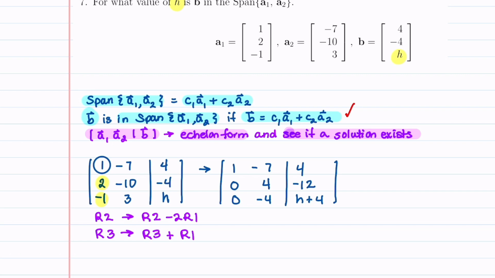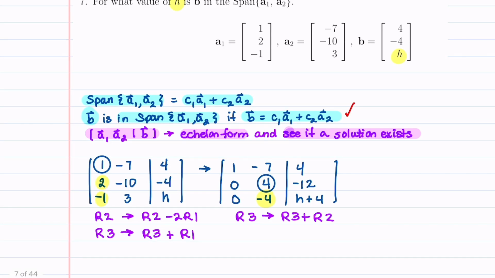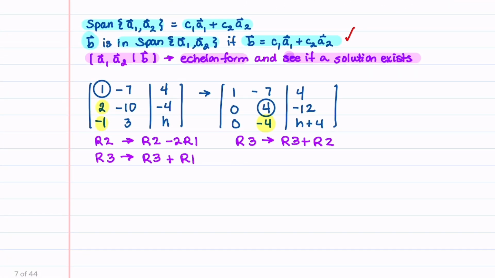Let's go ahead and circle our next pivot. And then the negative 4 below that pivot is going to have to go to 0. So the row operation that we're going to use to do this is we're going to take row 3 and replace it with row 3 plus row 2. I think I'm going to go down here so we have a little bit more space.